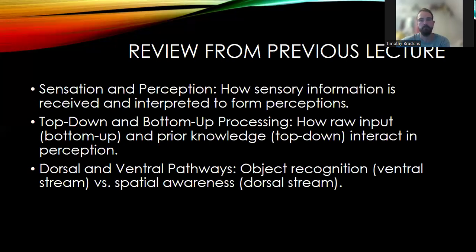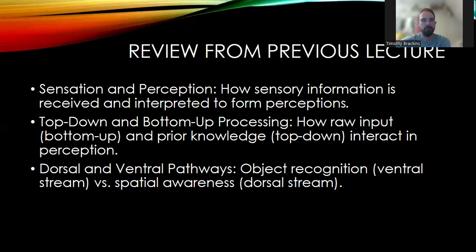So just a quick review from the last lecture. We discussed sensation and perception and how sensory information is received and interpreted to actually form perceptions of the world, and how none of it's actually, quote, real. We're perceiving it as how we perceive it.